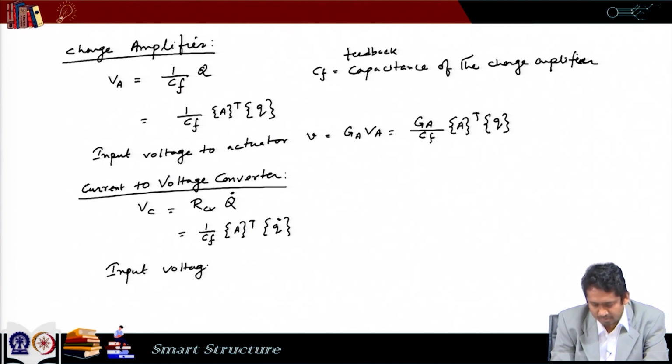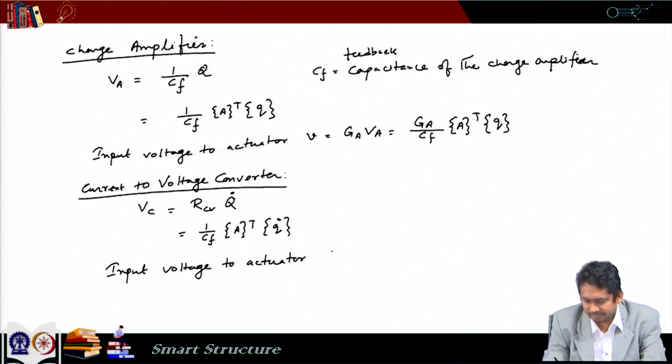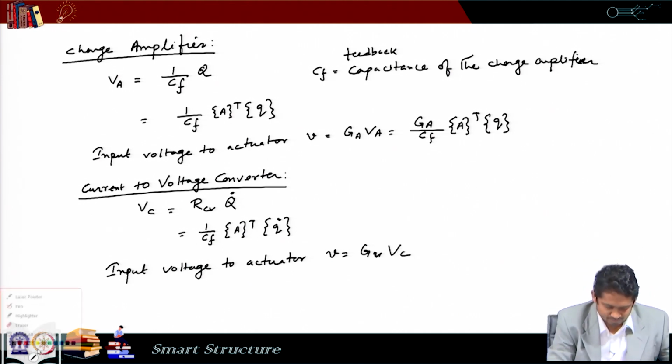And again, input voltage to actuator is V is equal to, there is another gain. So, let us call it G V multiplied by V C. So, we can call it G C also.